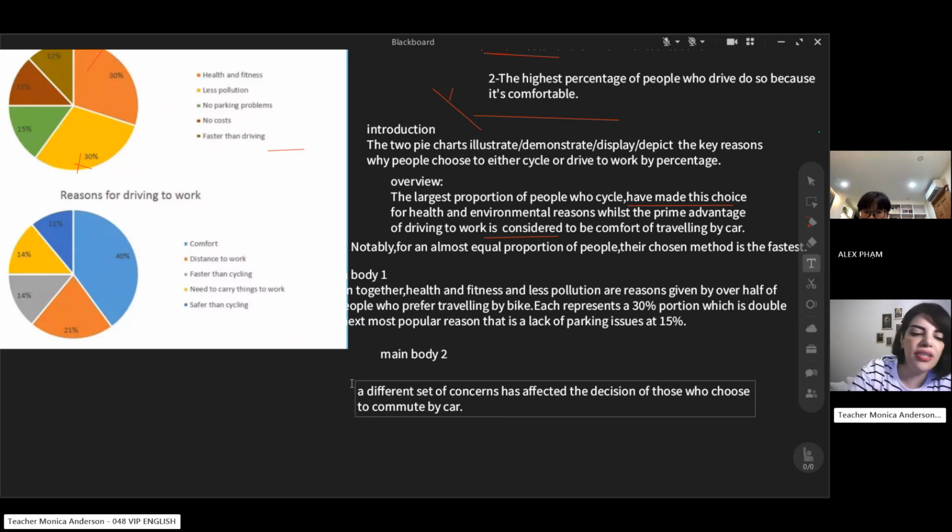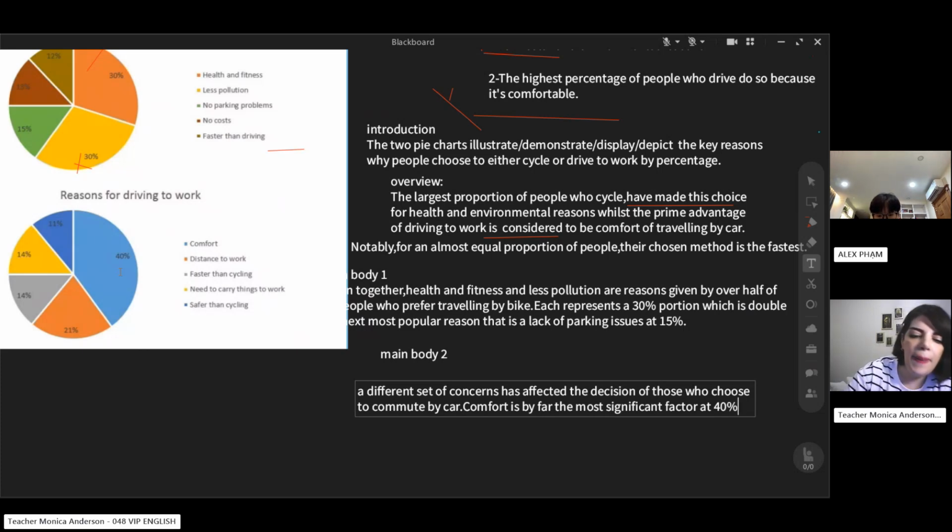And now, what is the first reason? Comfort is by far the most significant factor, the most important, at how much? 40%.